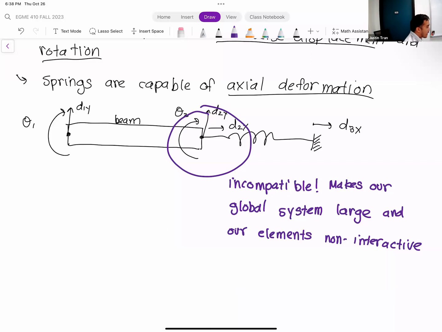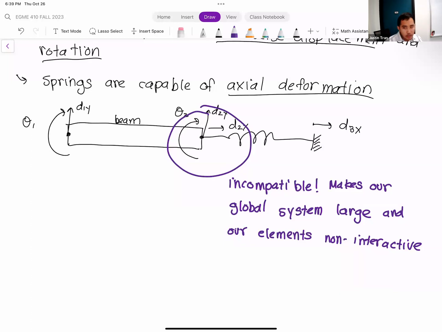It's more the non-interactivity that's the kicker here, because if you have two structural elements that are connected together, you would think that the solution or the stiffness of one element is going to affect the solution in the other element as well. But when you have incompatible degrees of freedom, that's not going to happen. You're going to have the two things completely unrelated.